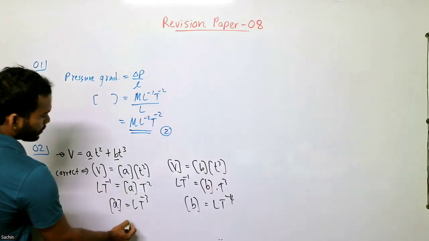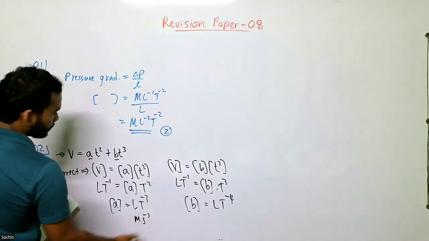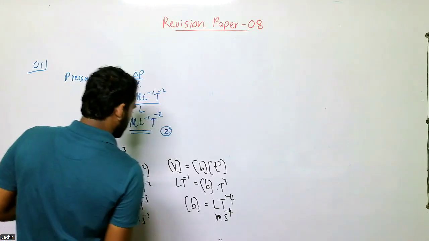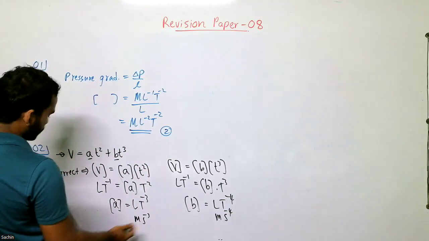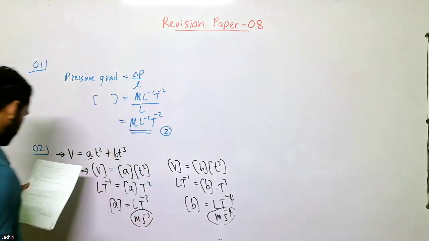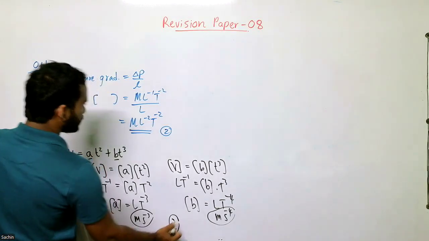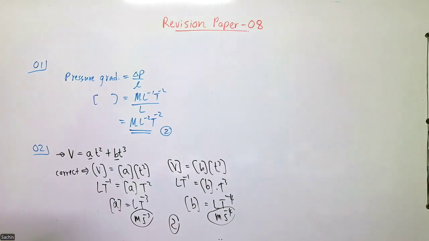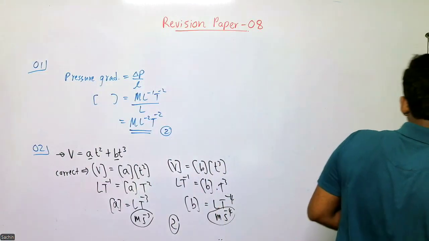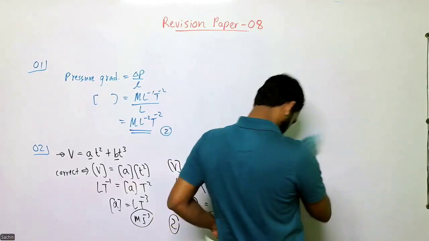Actually they are asking the units. After you calculate the dimensions, the unit is simple. You can directly go for the unit, but I thought of calculating the dimensions. Anyway, these two will be the units that are correctly given in the second answer. It was about dimensions.